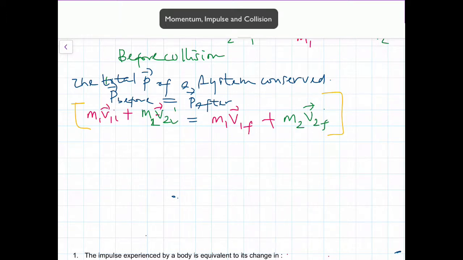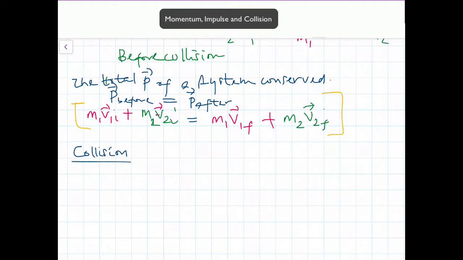Once we start talking about collisions, the next item we are interested in is how many types of collisions we have. In terms of physics, how do we categorize them? So next is types of collision.